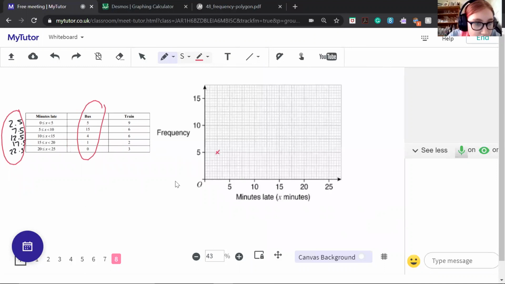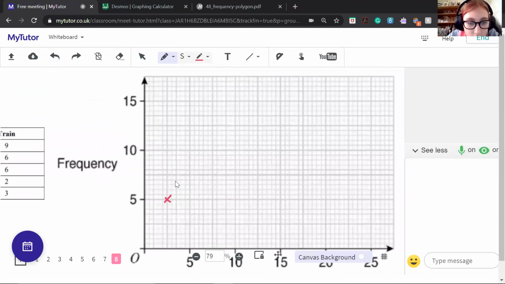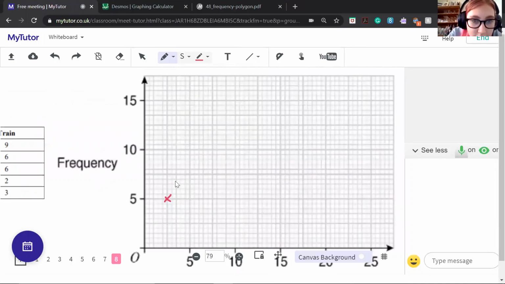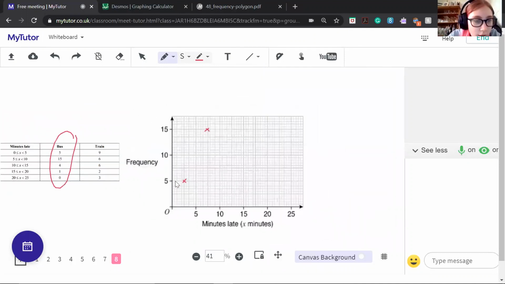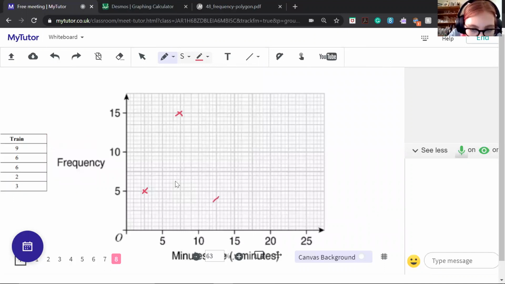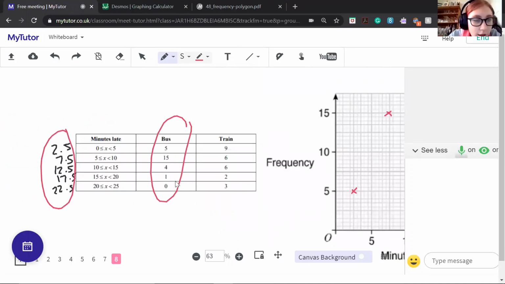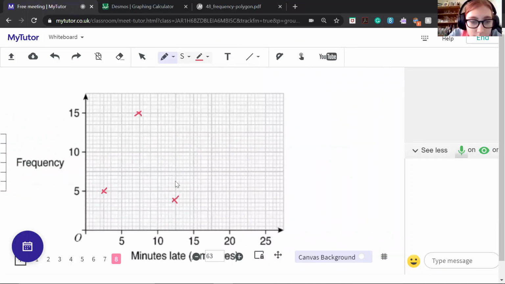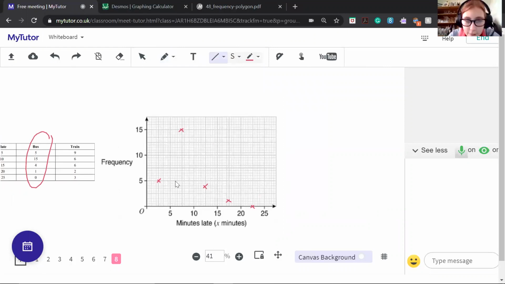But at 7.5, there were 15. So we go to 7.5 and up to 15. 12.5, there were 4. So we plot that. 17.5, there were 1. And 22.5, 0. And then we can join these up using straight lines.